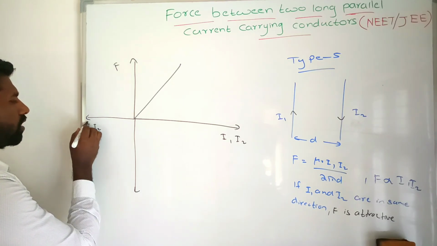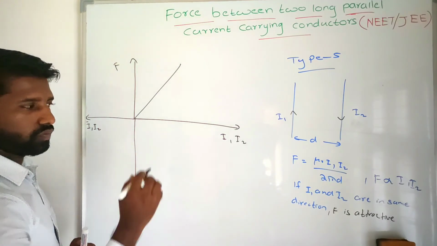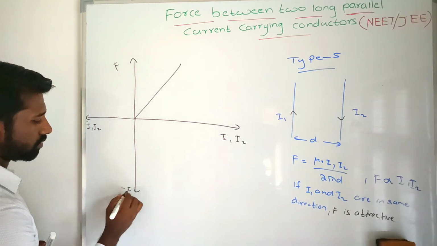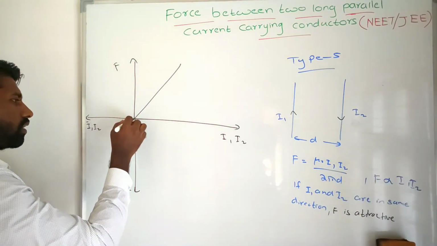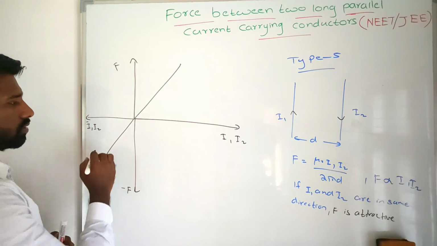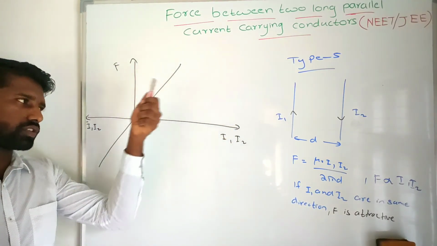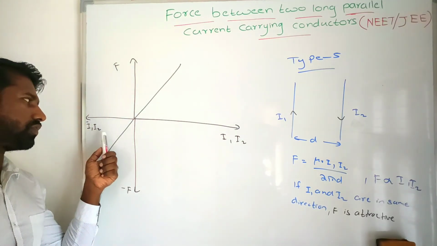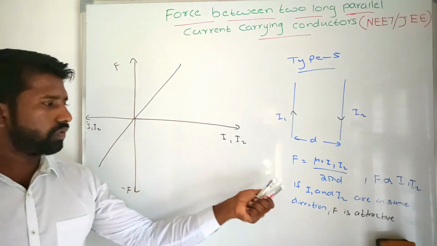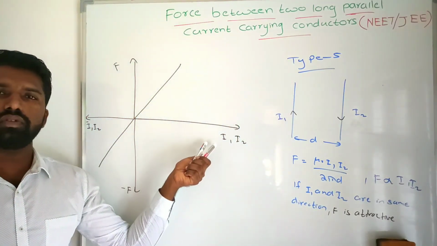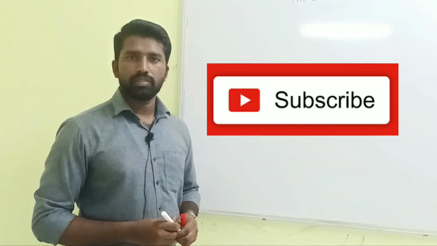This is minus I1 into I2, and the force will also be negative. The force is also negative, so this is the minus x-axis. And it is directly proportional, so we can take it like this. This is the graph if the current is going in the opposite direction: the force between them is a repulsive force. That is the variation of the force versus the product of the currents through the current carrying conductors.